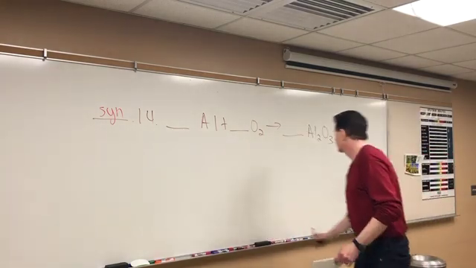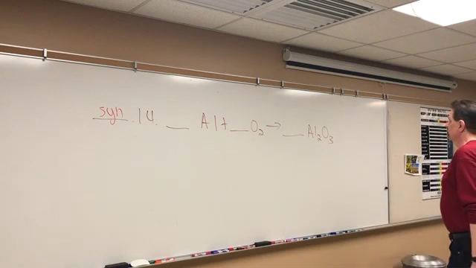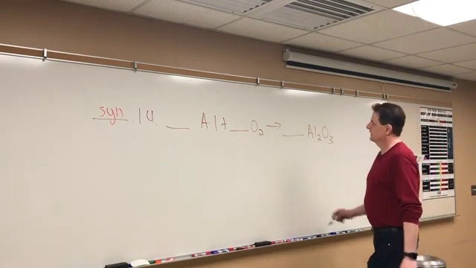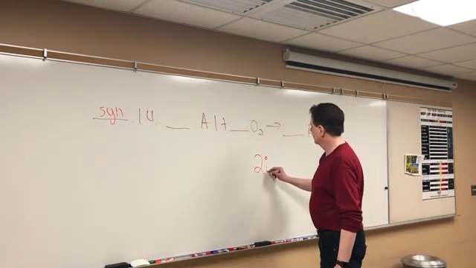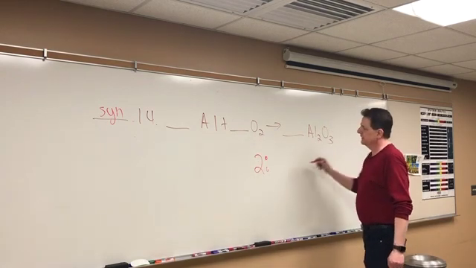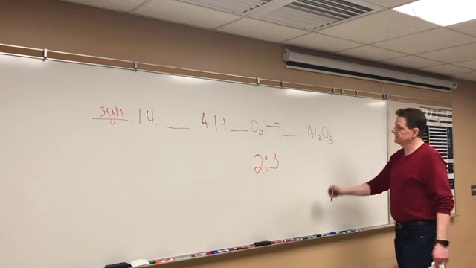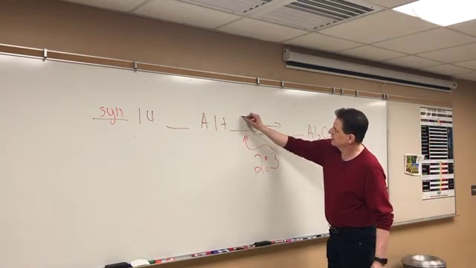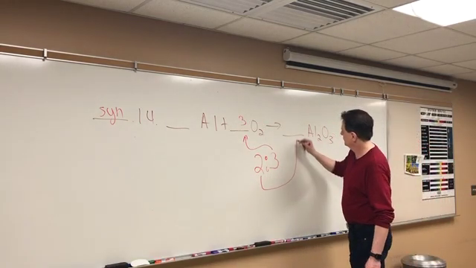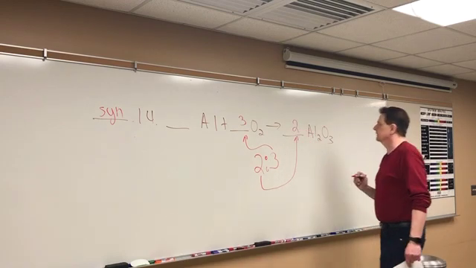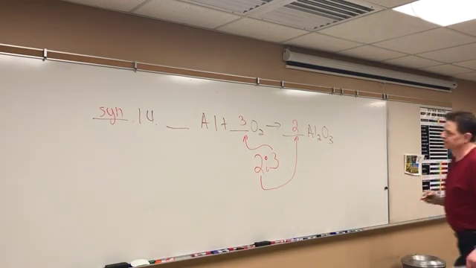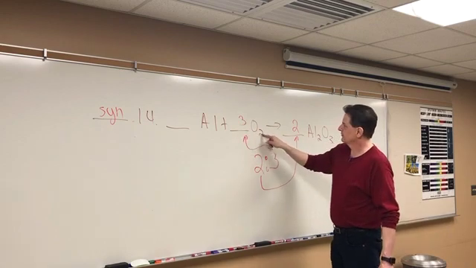So let's take a look here. Where do we want to start? Oh, I see it right now. It just popped out at me. We got a 2 on oxygen. We got a 3 on oxygen. We have a 2-3 scenario. So I take that 3, slide it up there. I'm going to take this 2 and slide it in there. Now I know oxygen's balanced because I have coefficient times subscript.